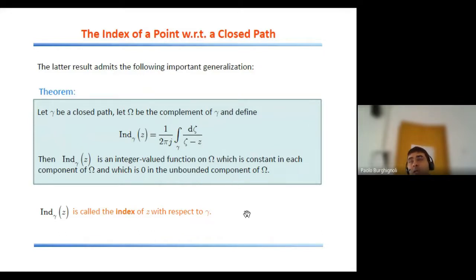So you can imagine a closed curve generally divides the plane into different regions. For example, a circle would divide the plane into an interior region, a bounded region, and the outside, which is unbounded. This is true for any smooth closed curve as a consequence of a famous theorem by Jordan, the closed curve theorem of Jordan, which is absolutely not simple to prove.